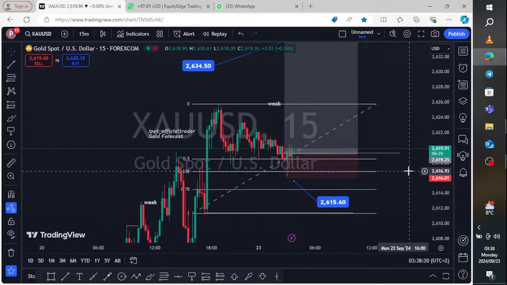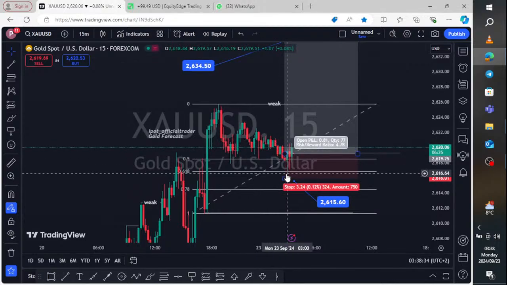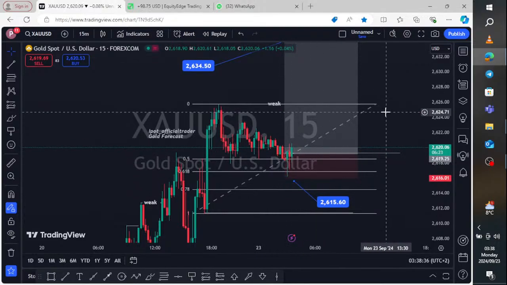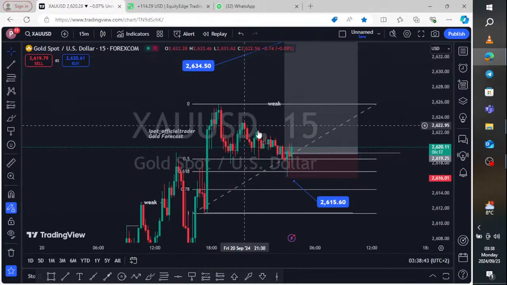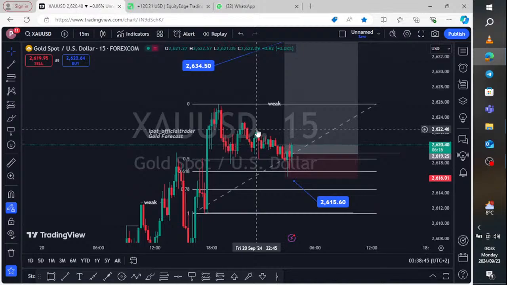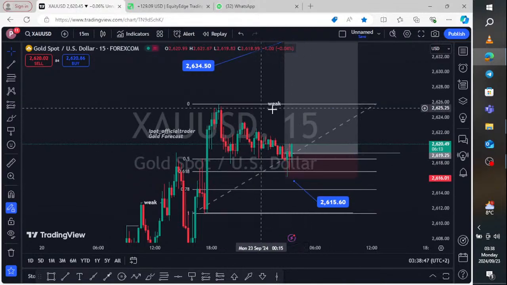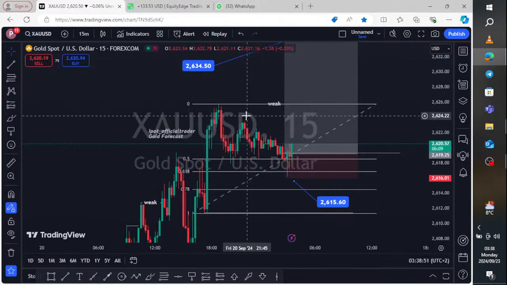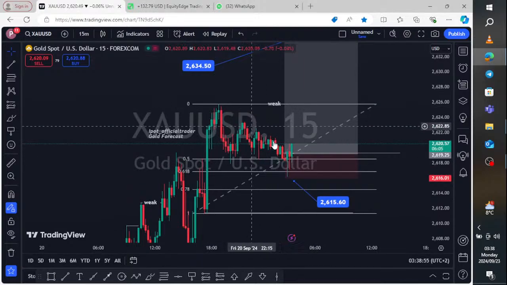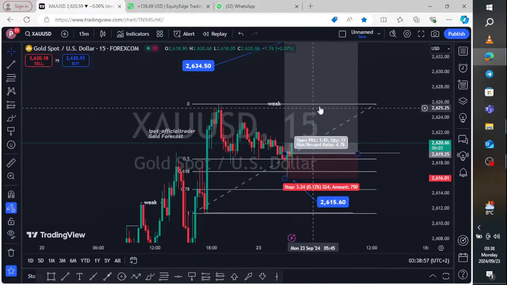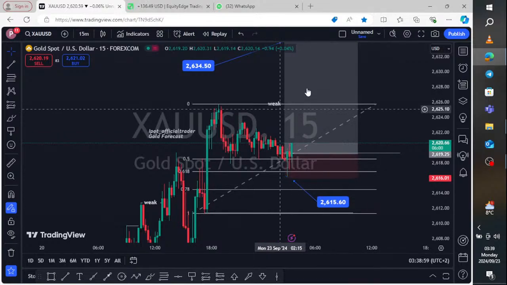It gave us a huge drop this morning, from here to there. That was a huge drop, I don't want to lie. I thought maybe we could be looking at a continuation to the downside, but because this is definitely a weak high on gold, we may not even be looking at price respecting a sell currently, because if it does want to sell, then price has to come and actually break above these areas and give us some rejections.